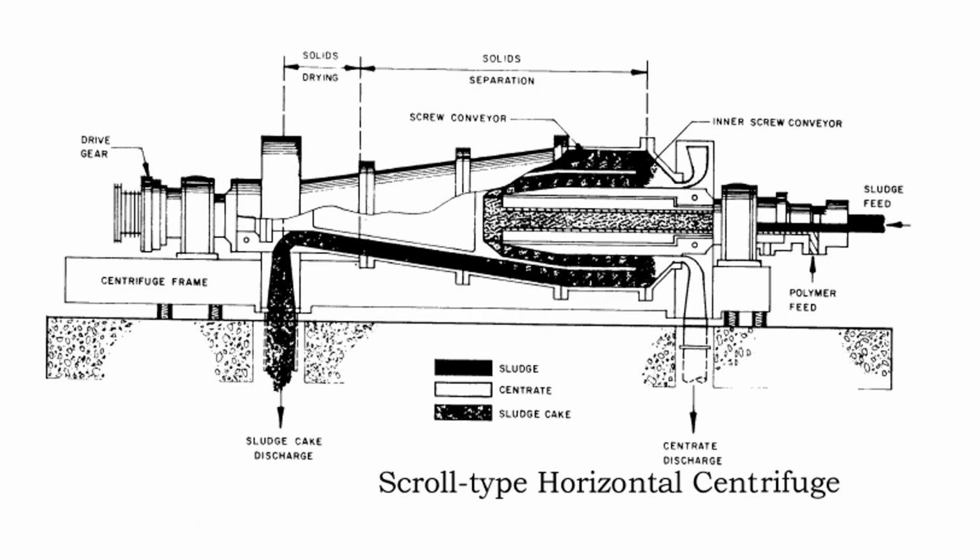And this is a scroll type. Same kind of thing, only you're using mainly a screw type process where you have these belt presses kind of going through a screw. And again, you form a sludge cake and you dispose of it. So the sludge comes in here, you hit it with polymer, and it comes in here.